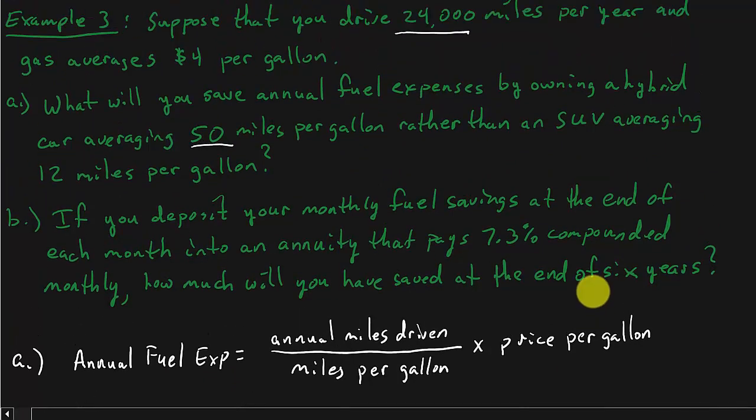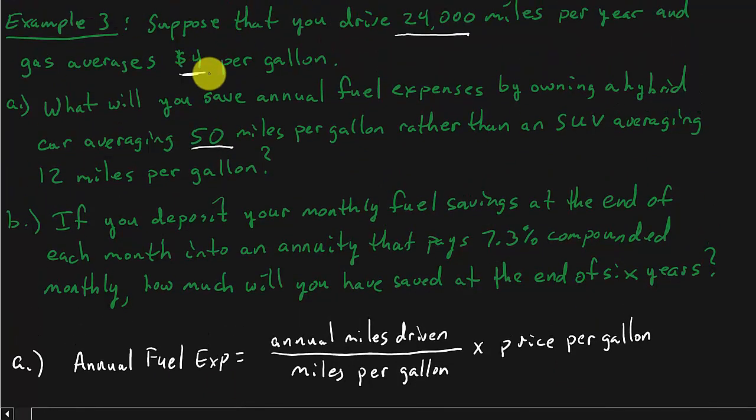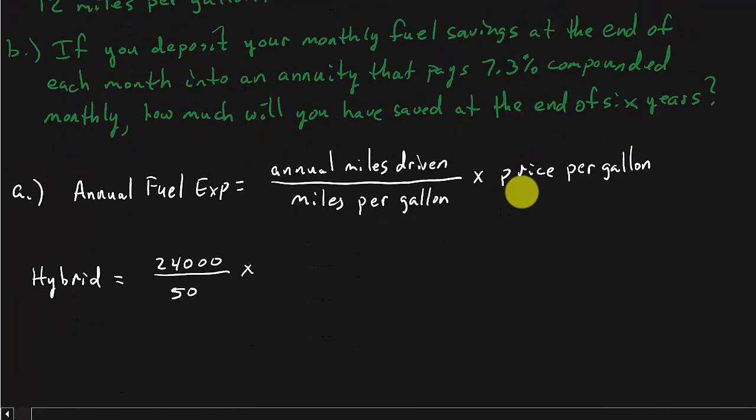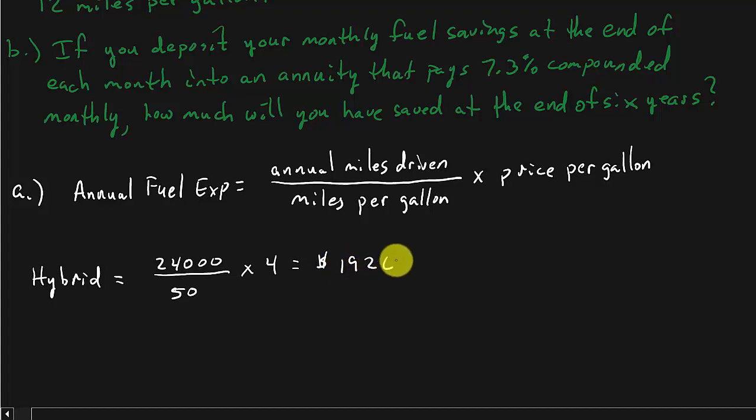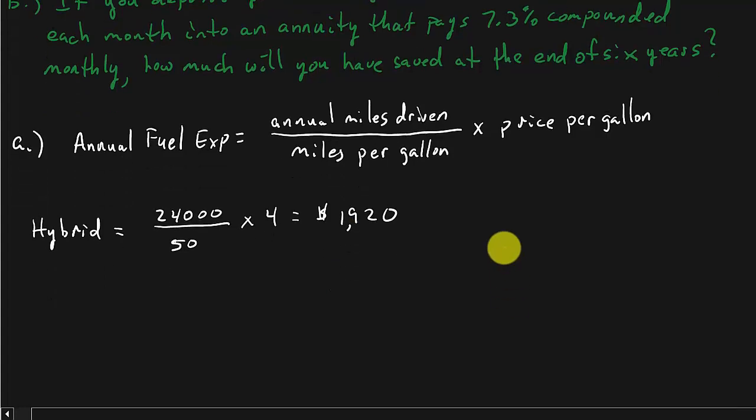In this case, gas is $4 per gallon, and that's going to be the same on both of them. When you punch that into your calculator, our annual fuel expense is $1,920.